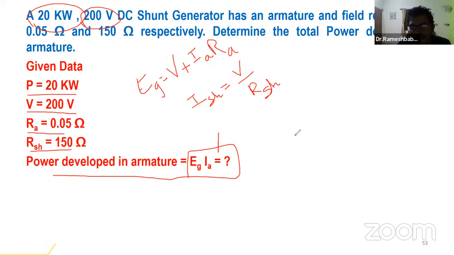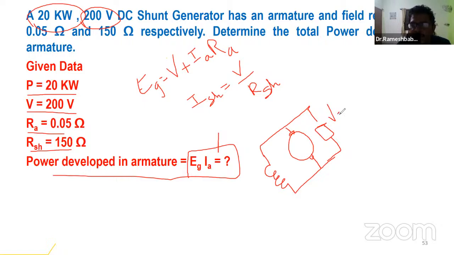Because you see, this is your armature and this is your field, both are connected in parallel. Here is the load. This voltage V is equal to 200 volt, the load voltage or output voltage, which is given.